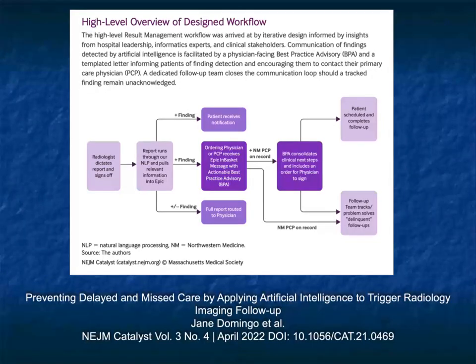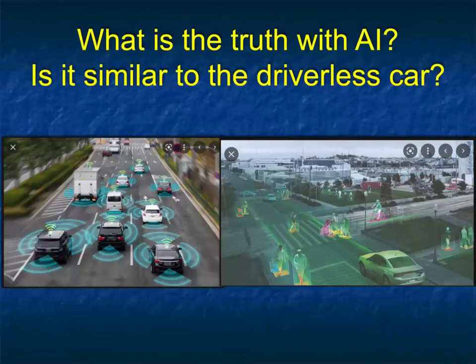But again, at the end of the day, you can see one of the final things: the patient's scheduled and completes follow-up, okay? Or it follows up for delinquent cases. But again, it starts with the radiologist and report sign-off. It's not impacting the radiologist. Here, everything is downstream. So I think it's a very good way. It's kind of a win-win for everybody.